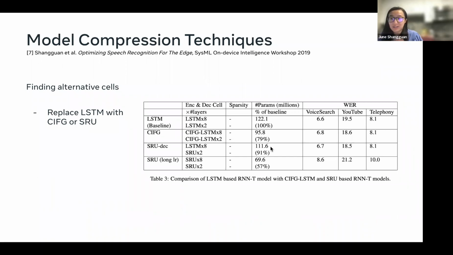This observation is very interesting because right after this paper, a couple of coworkers found that the predictor of the RNN-T is actually quite useless, and they swapped out all of these cells with an embedding layer. There's another paper called the stateless RNN-T that describes exactly this. So for us, we saw the same thing: the SRU is enough for the predictor.